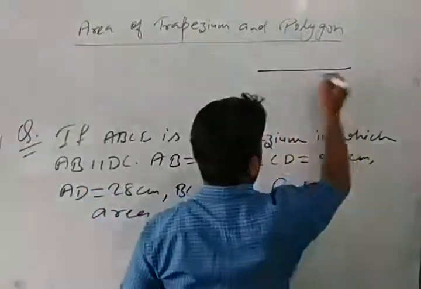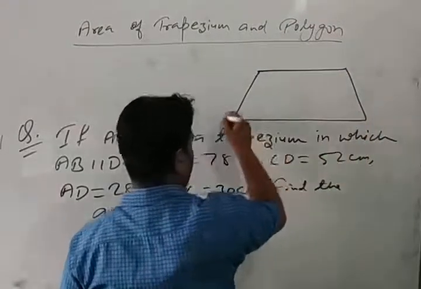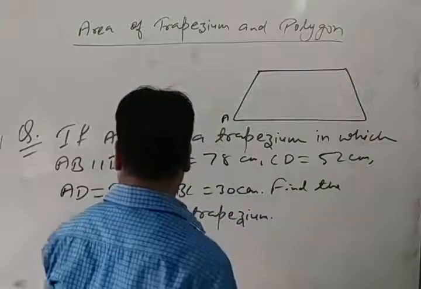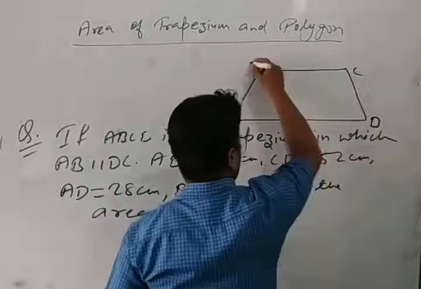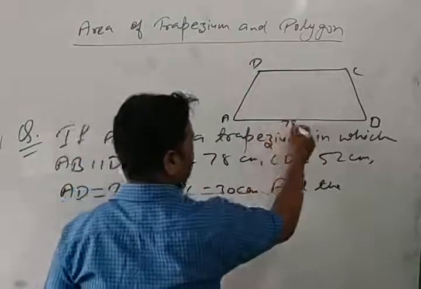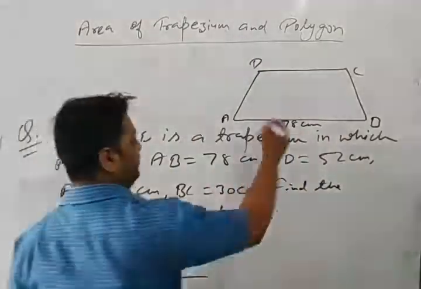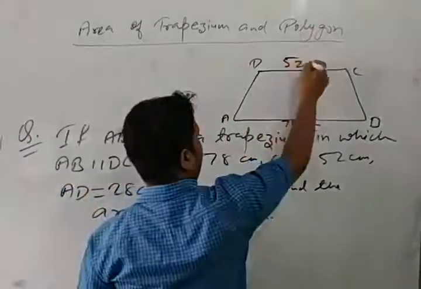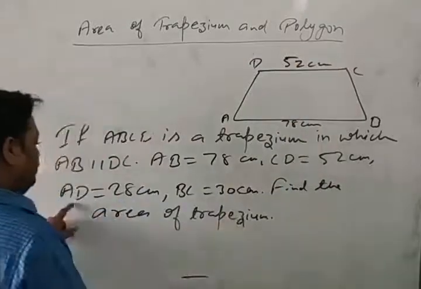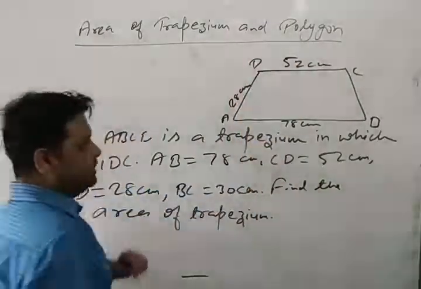So if you are drawing a figure like this, and the value of AB is 78, AB here and CD here. AB is 78 cm and CD is 52 cm, and the value of AD is 28 cm and the value of BC is 30 cm.